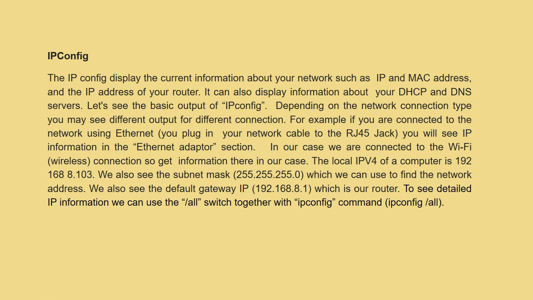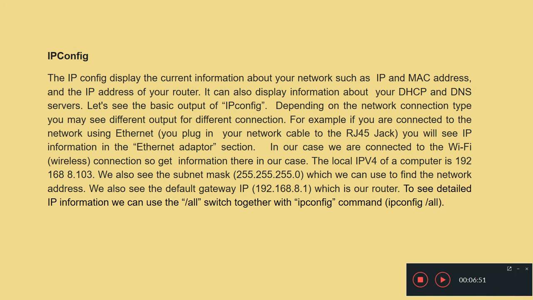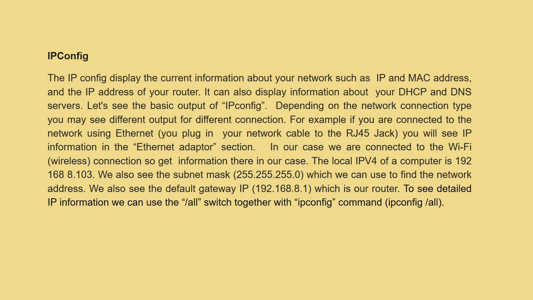For example, if you are connected to the network using Ethernet, through cables, where all the systems are connected, that means you plug your network cable into the RJ45 jack. You will see the IP information in the Ethernet adapter section.